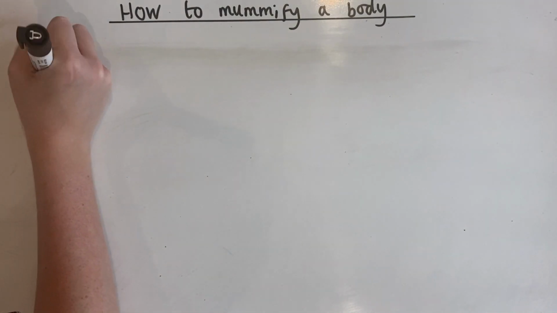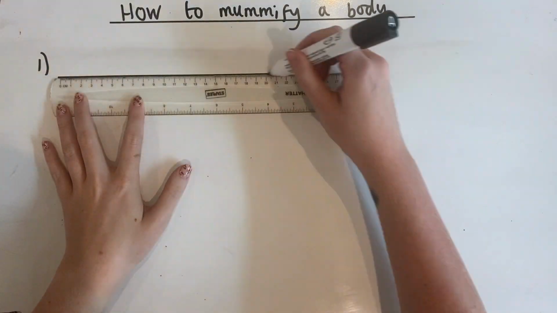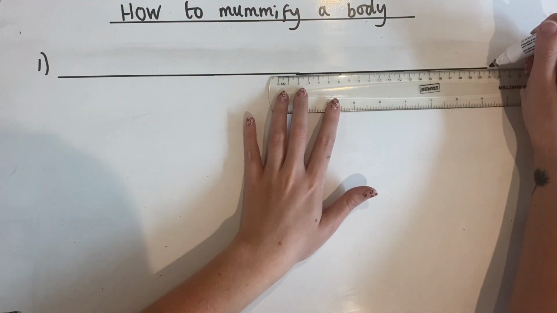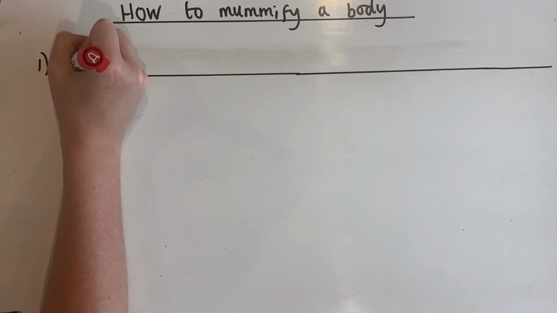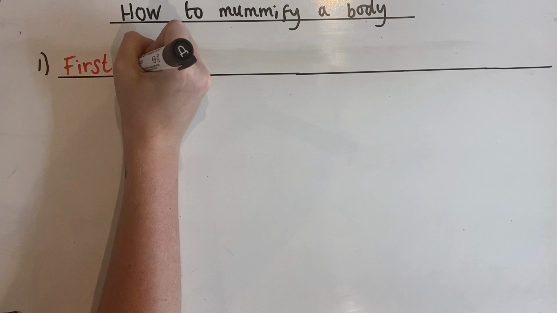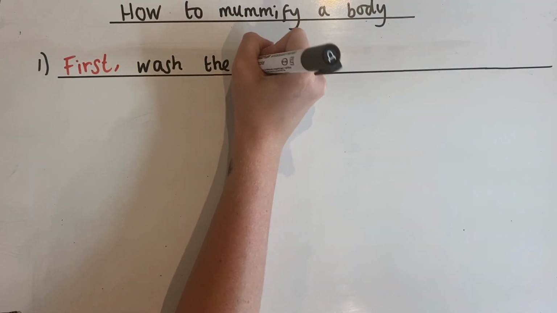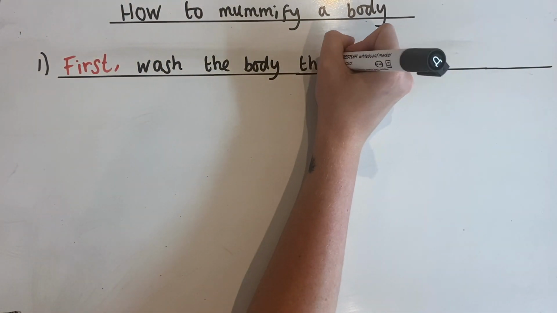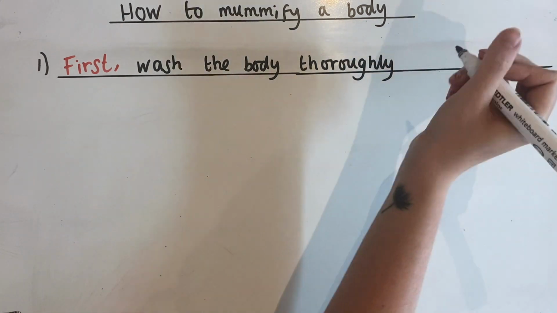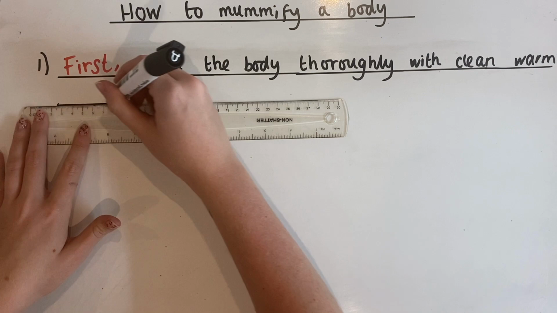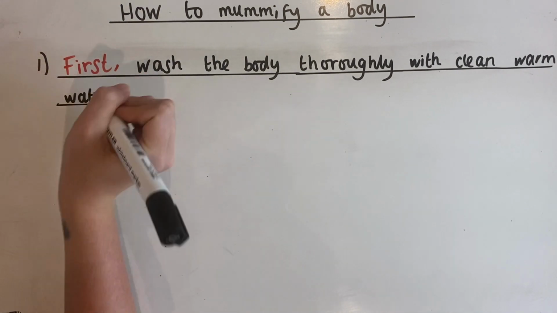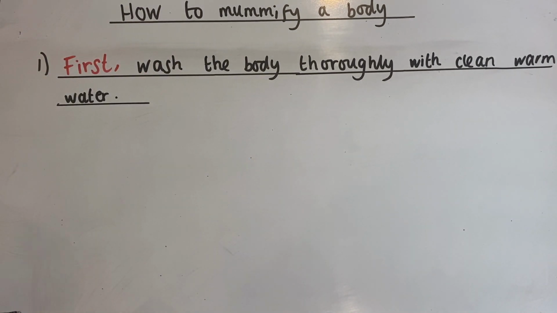Right, now we're on to actually writing our instructions. So remember, we need to use numbered steps. So I'm going to pop number 1. And then I'm going to write my first instruction, which is going to be, first, wash the body thoroughly with clean, warm water. Now, if we take a look at my first step, I've written the time connective in red. My bossy verb is wash.